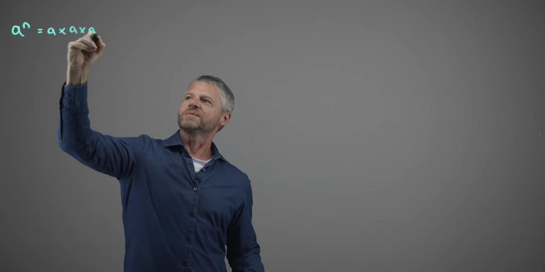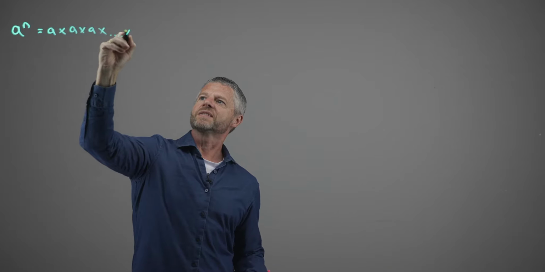In this video I'll go over the basics of numbers with integer exponents. So the number a with an exponent n means a times a times a, n times.